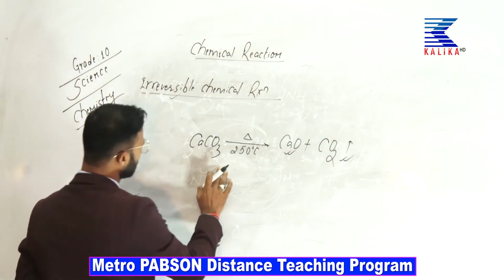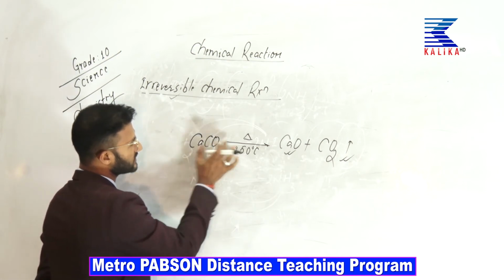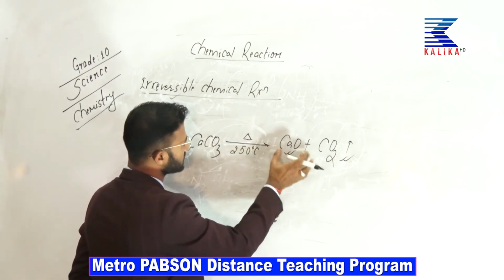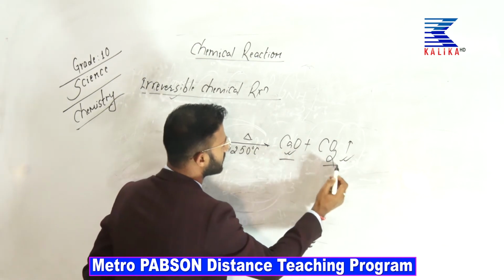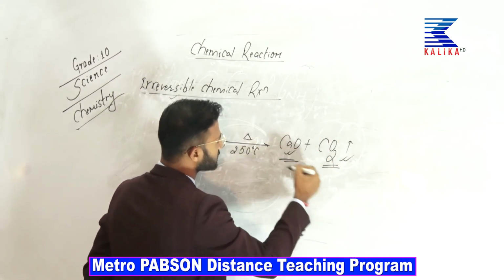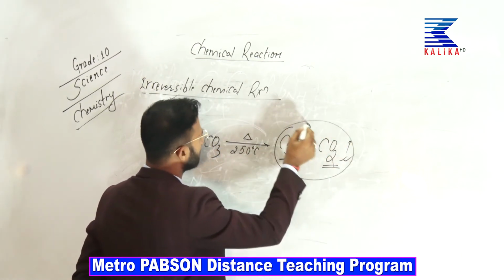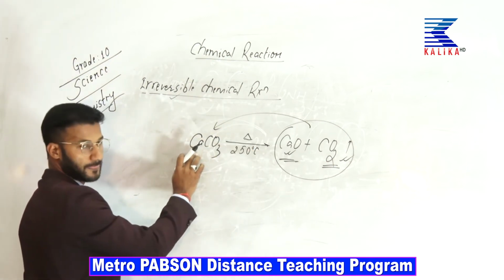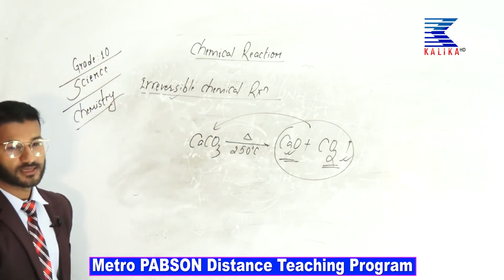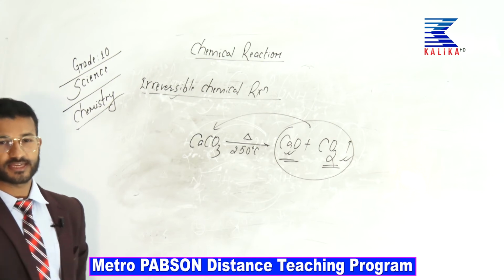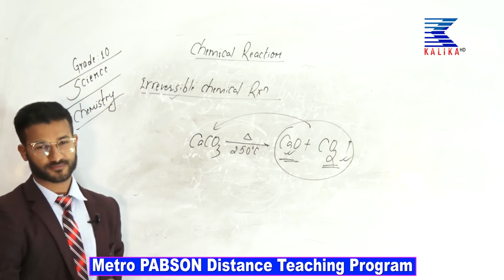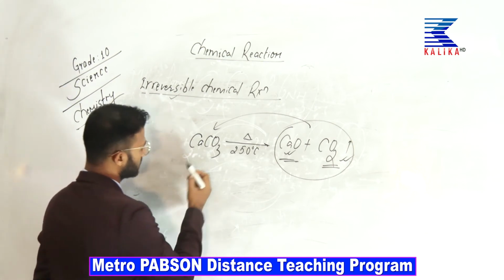Look at this process. Once calcium carbonate is heated, it breaks down into two product molecules. These product molecules cannot combine back to give the same reactant. This is an irreversible chemical reaction.